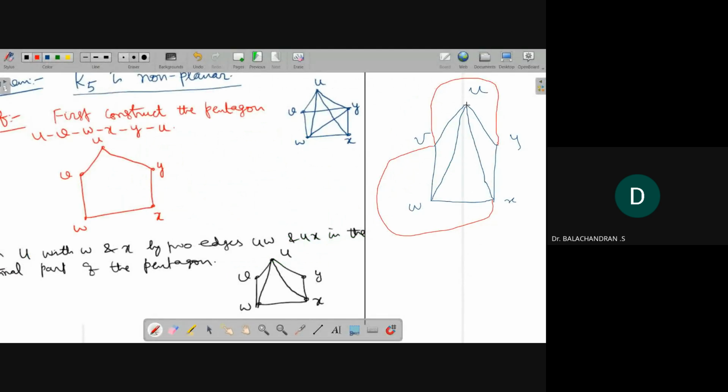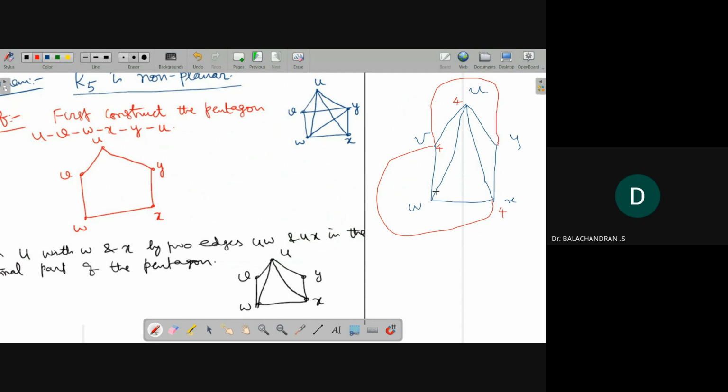Degree 4, because in K5 all the vertices have degree 4. There is no need to write this, just for understanding. I'll write 4. V is also degree 4. X is also degree 4. W is degree 3 and Y is degree 3.